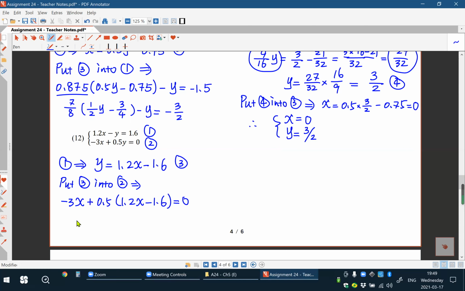Okay, and from here we can solve x. Okay, this means minus 3x plus 0.6x minus 0.8 equals 0. Okay, and let's put all the x's to the other side of the equation, and this will give you 2.4x equals minus 0.8, right?